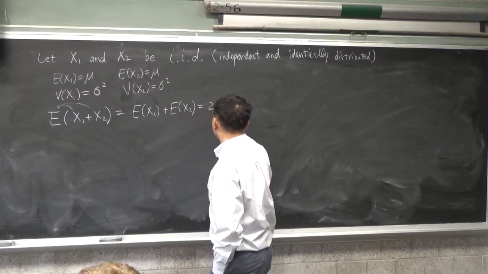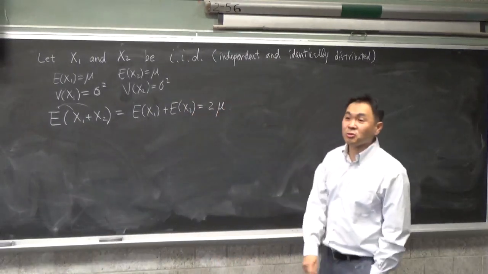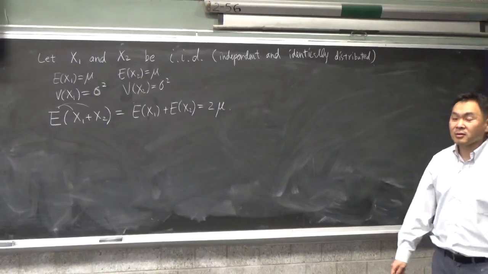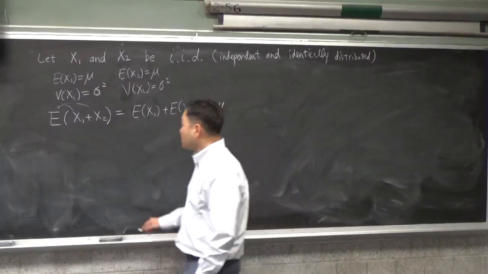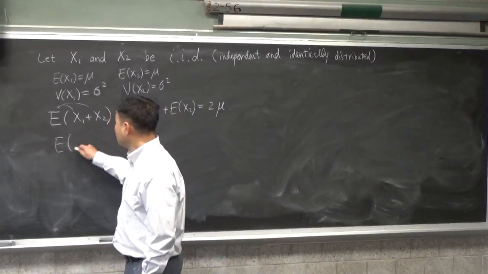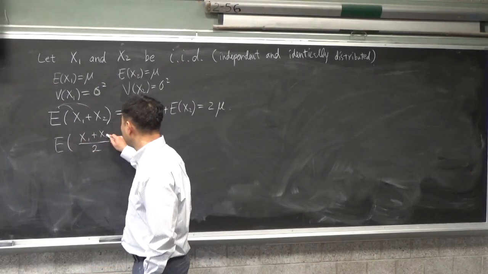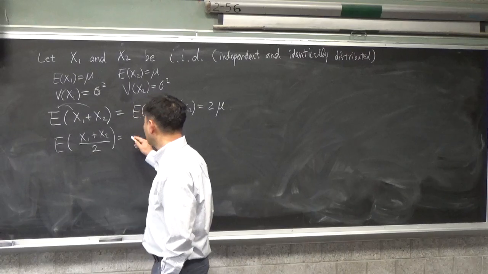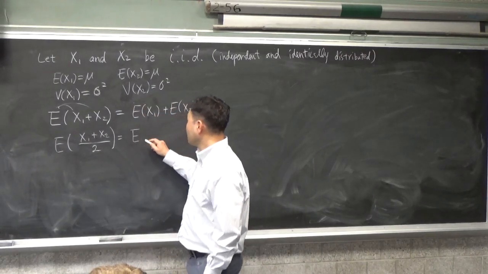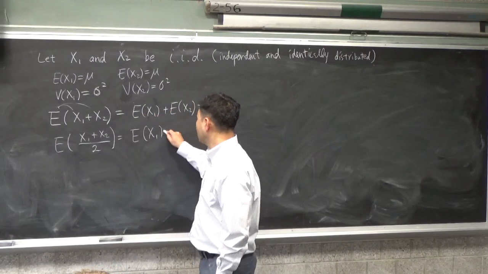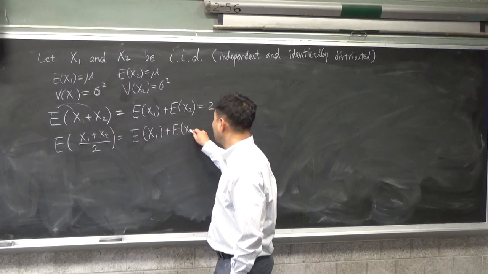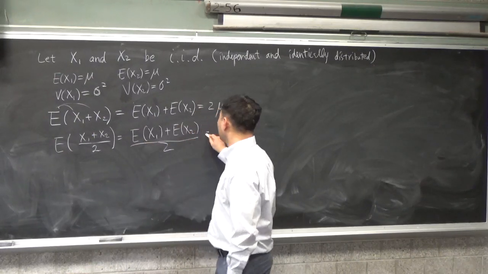So it'll be 2 mu. Another way to look at this is if you take the average, E of x1 plus x2 over 2, which is just mu.